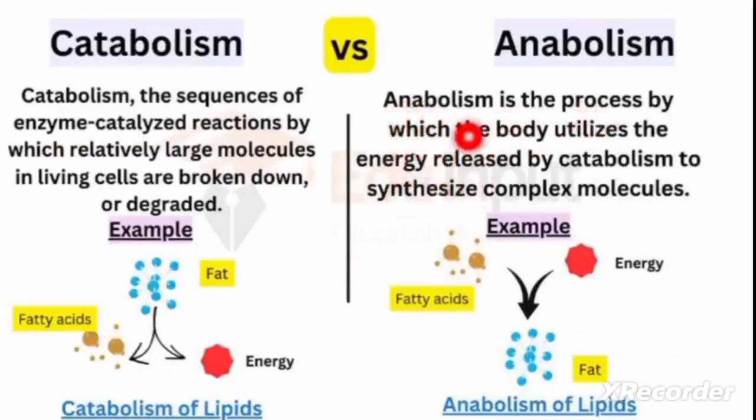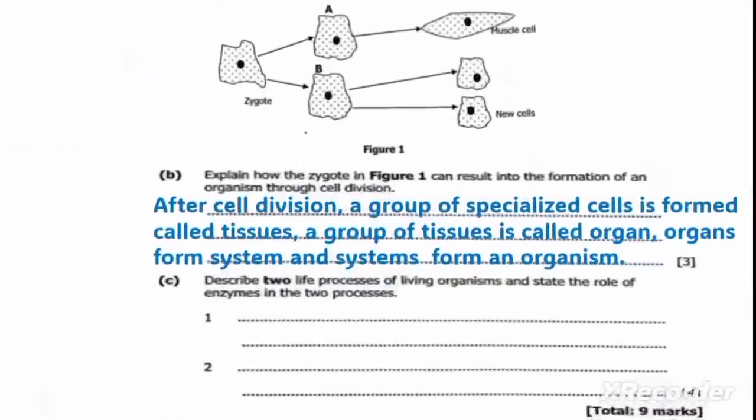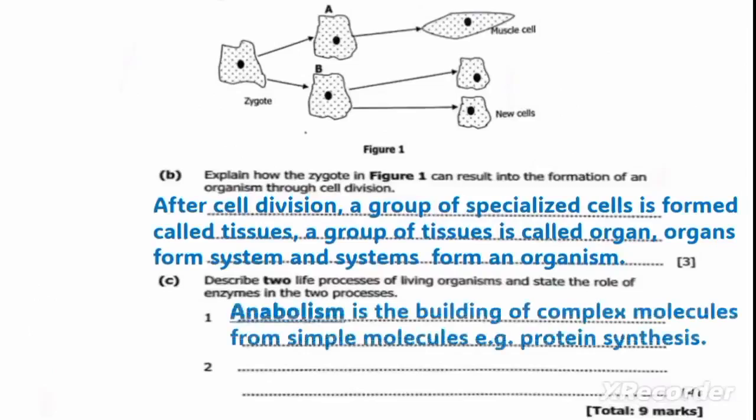Anabolism involves building of simple molecules into a complex one. So the function of the enzyme is to speed up the rate of these 2 processes, the anabolism and the catabolism. So therefore, we are going to say anabolism is the building of complex molecules from simple ones.